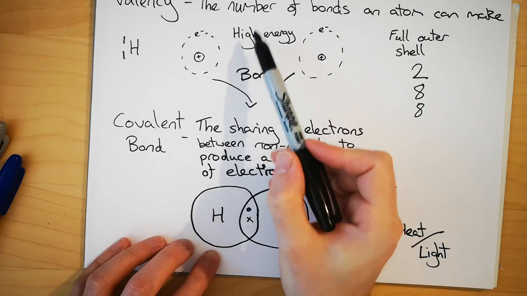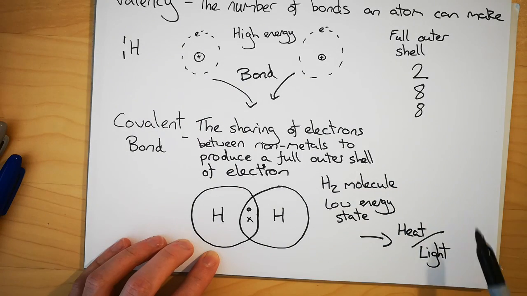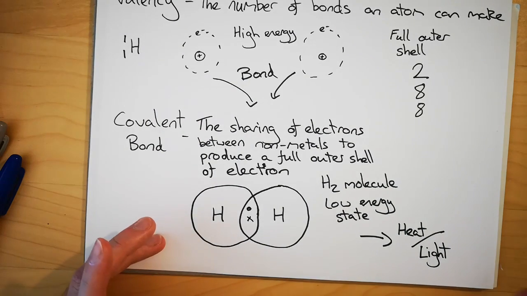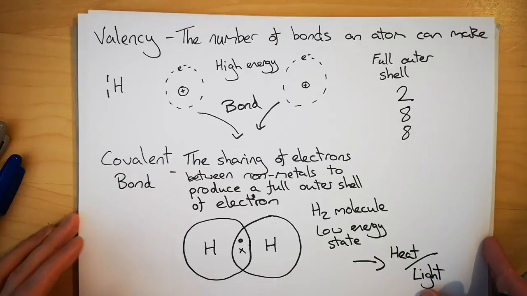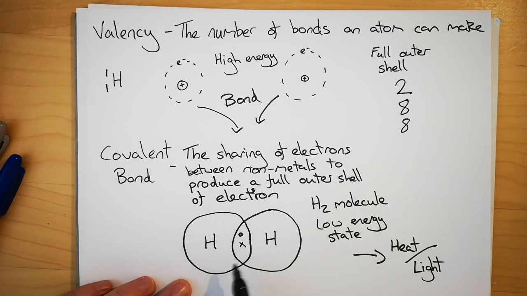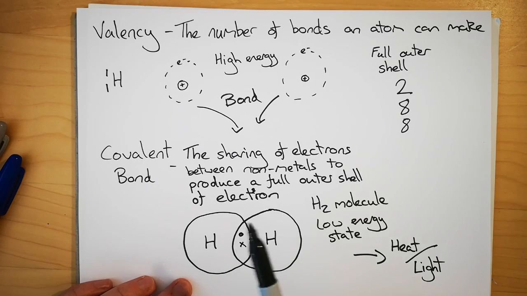So that energy has been lost as heat or light, and that makes the universe happier in some way, because the energy is more evenly distributed between all the participating parts. So now we have an H2 molecule bonded by a covalent bond, and there's a share of those electrons there.